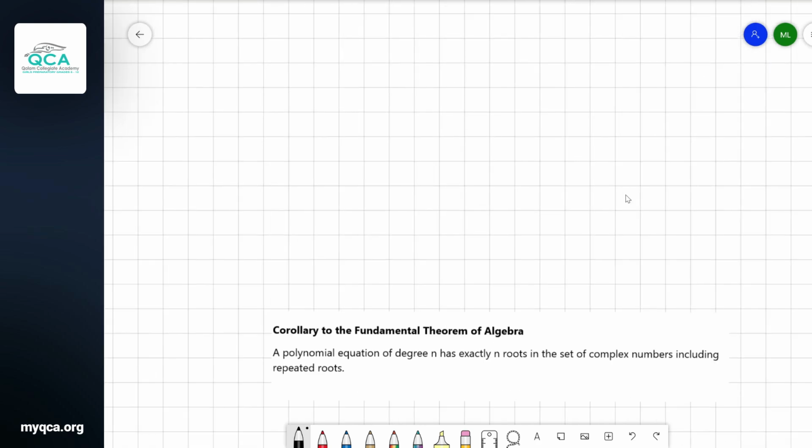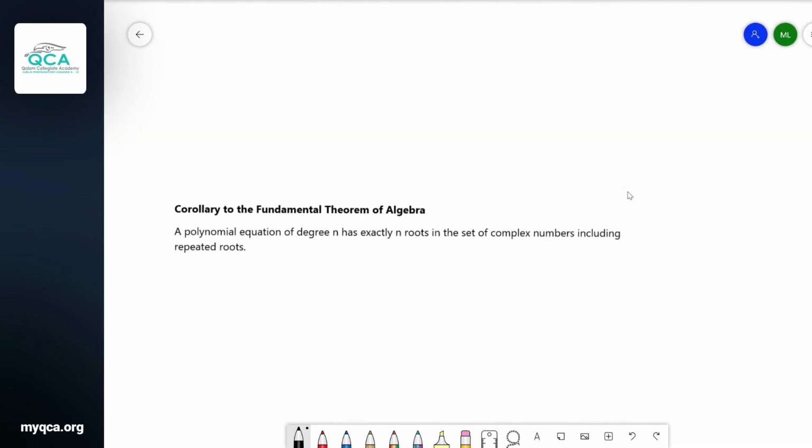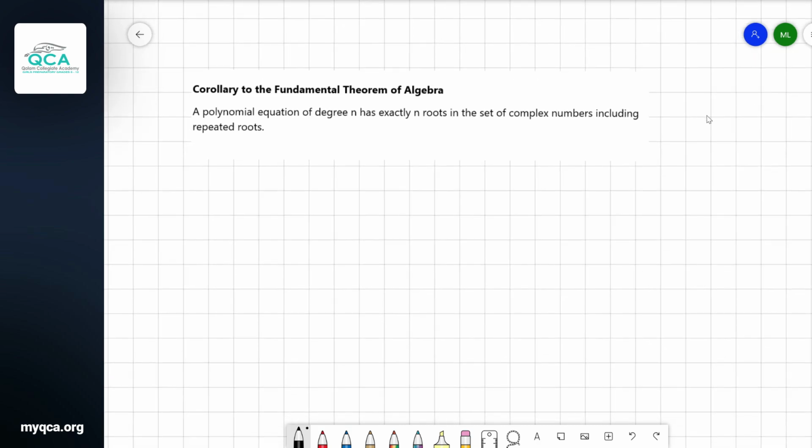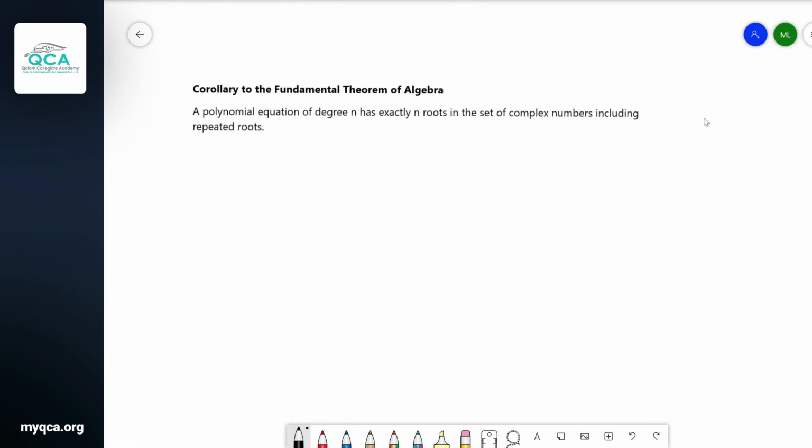Now moving on, the final thing I want to talk about is the corollary to the fundamental theorem of algebra, which states a polynomial equation of degree n has exactly n roots in the set of complex numbers, including repeated roots.